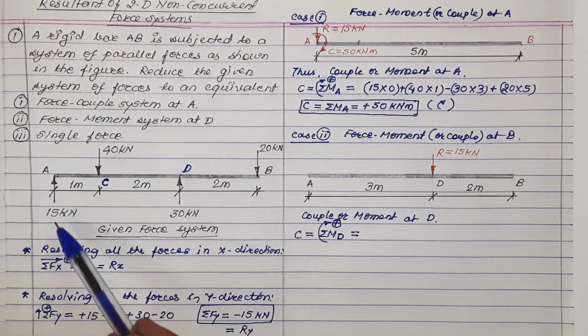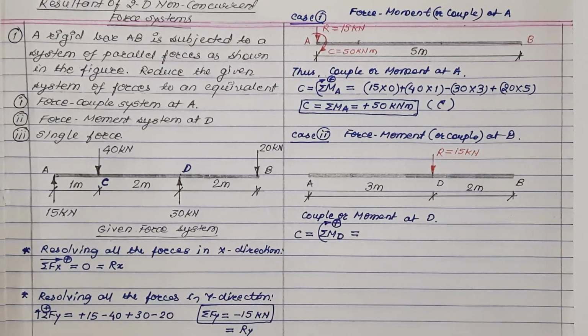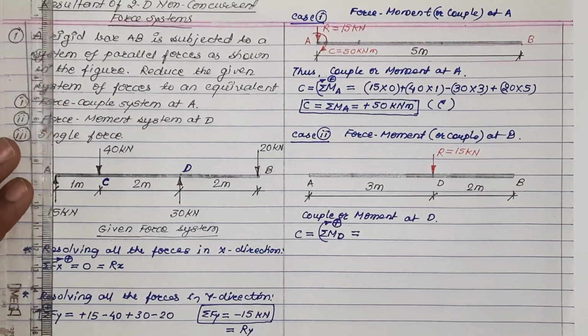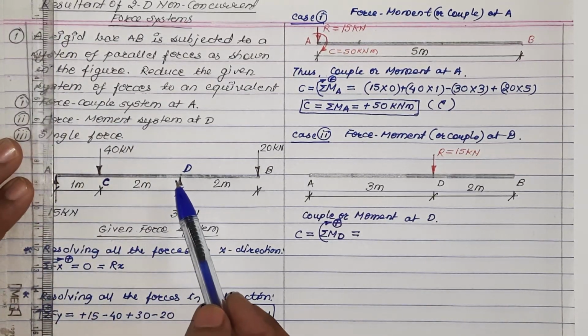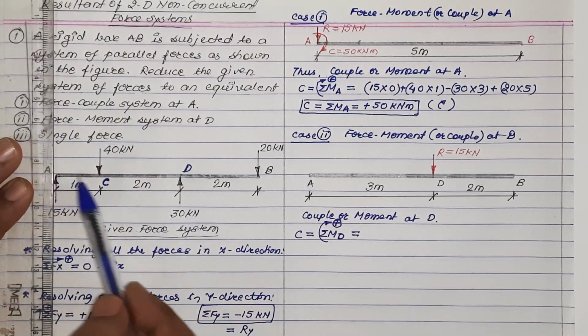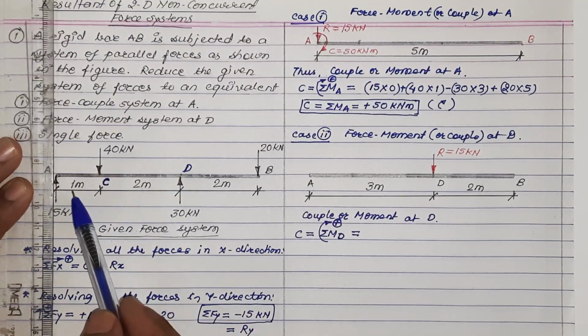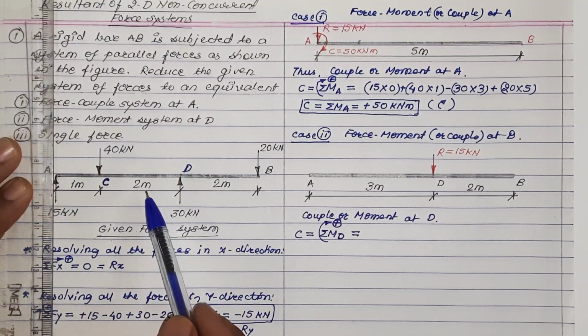It has vertical line of action and D is the moment center. So if we place this scale in this way, this will be its line of action and D is the moment center. How much is the perpendicular distance between these two things? It is 1 plus 2, that is 3 meter.